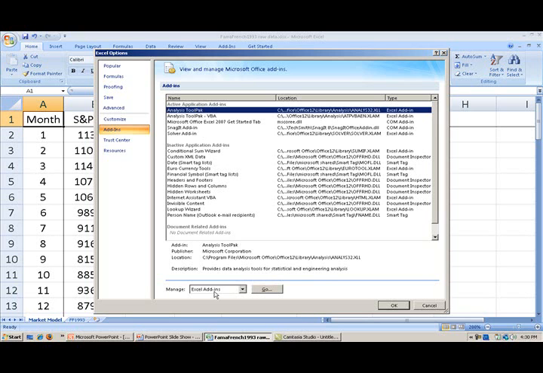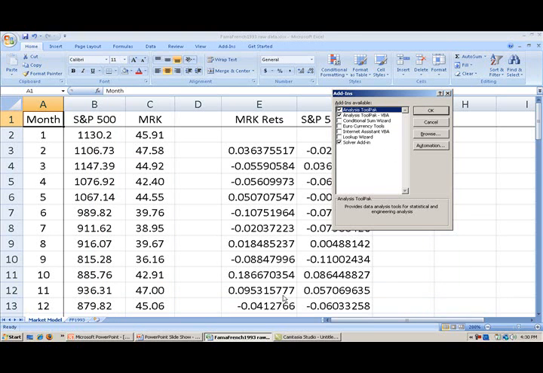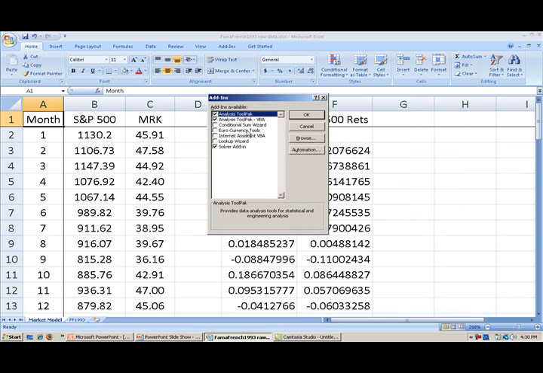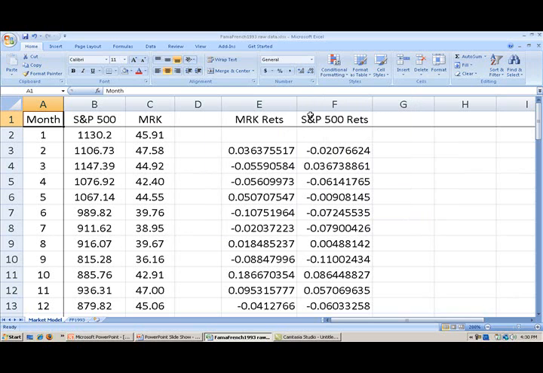What you need to do is go to the Manage Excel Add-ins, click Go, and up pop the options that you can add in. And we can add, if you haven't selected them, please select the Analysis Toolpack and the Analysis Toolpack VBA. Click OK, and now you should see a Data Analysis tab if you go to the Data tab at the top.